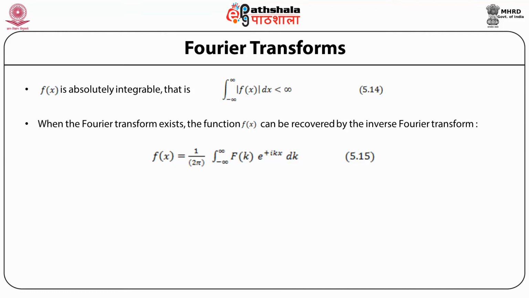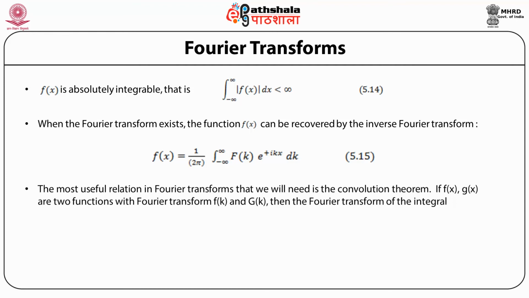This double integral can be written as the integral from minus infinity to infinity dx, then the integral from minus infinity to infinity du e to the power minus i k x into 1 upon (2 pi) squared, the integral from minus infinity to infinity of F(k') e to the power i k' u dk', and the integral from minus infinity to infinity of G(k'') e to the power i k'' (x minus u) dk''.